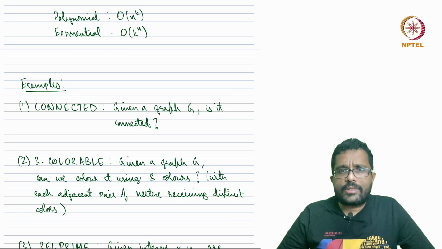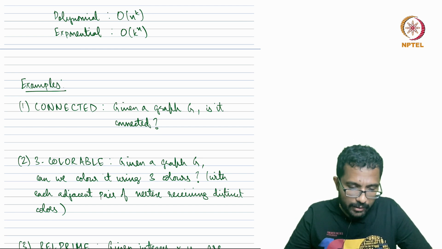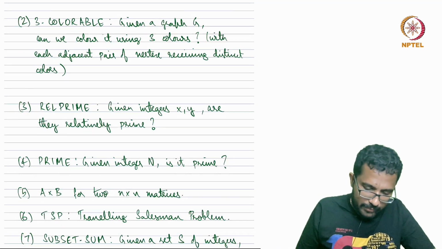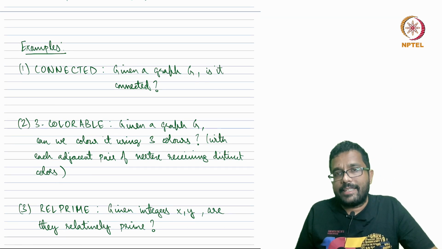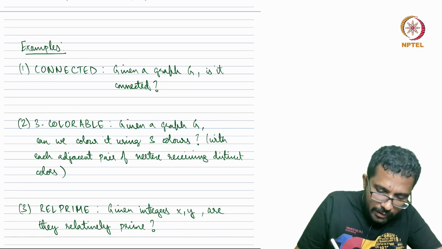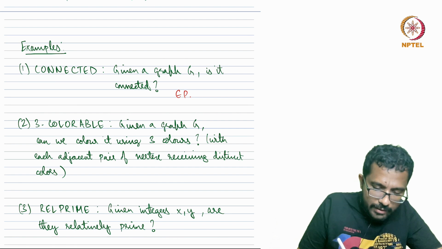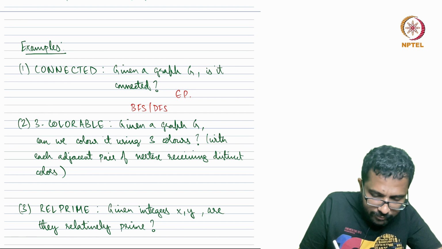So now I want to just go through some problems. I won't explain them in great detail, but I'll say how much time it takes for each of them. One problem is: given a graph, is it connected? The answer is that this is polynomial time, this is in P. You can do BFS or DFS.